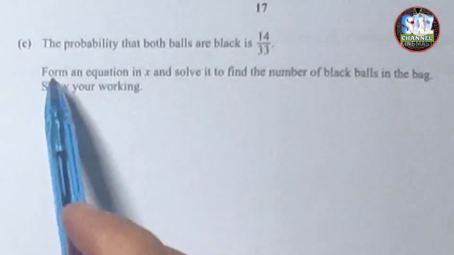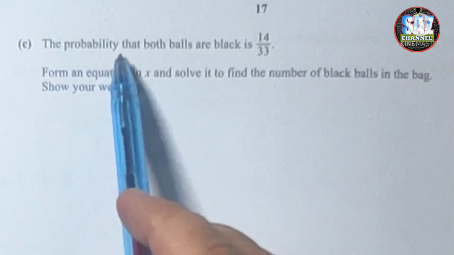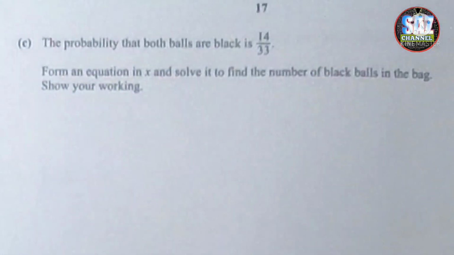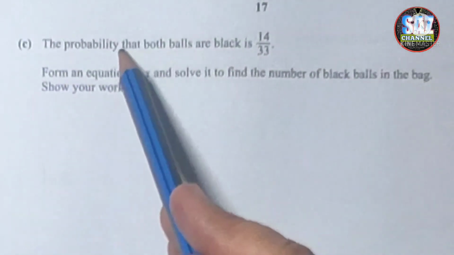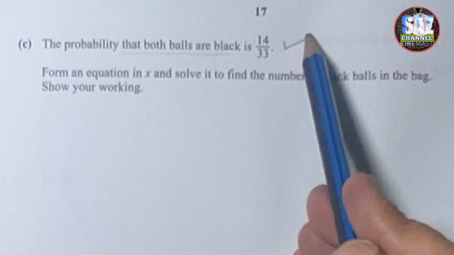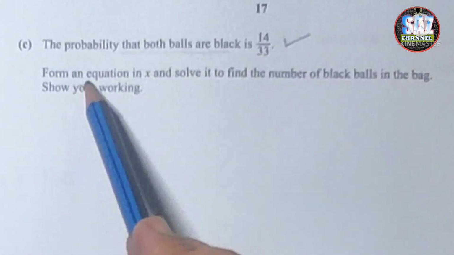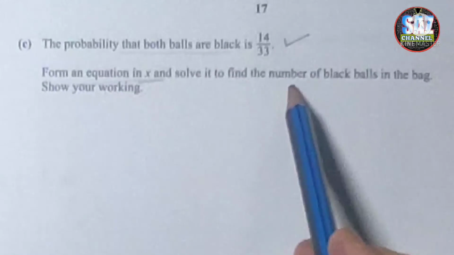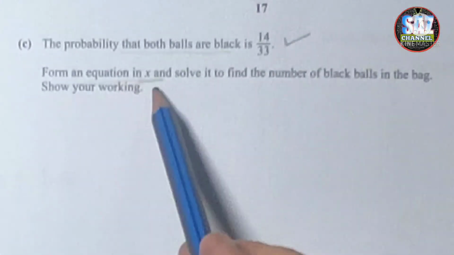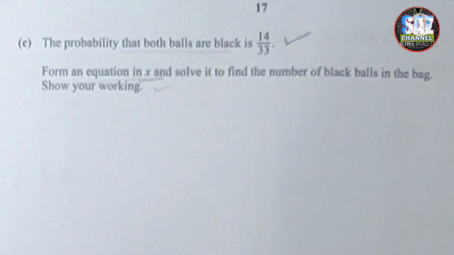Moving to the next part, it says that the probability that both balls are black is 14 by 33. Form an equation in X and solve it to find the number of black balls in the bag and show your working. Okay.